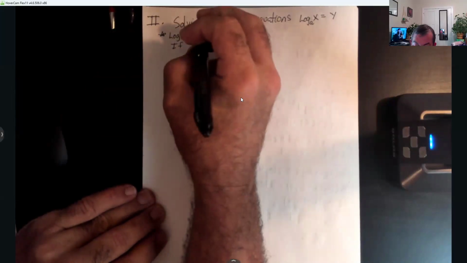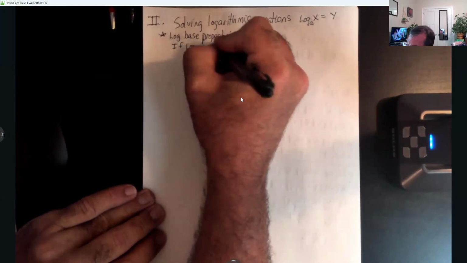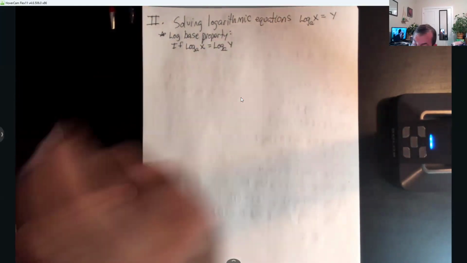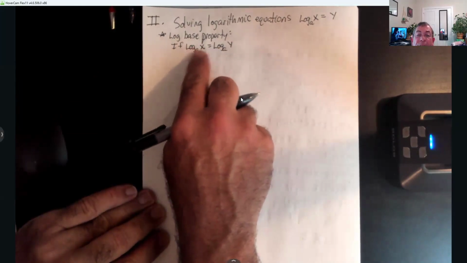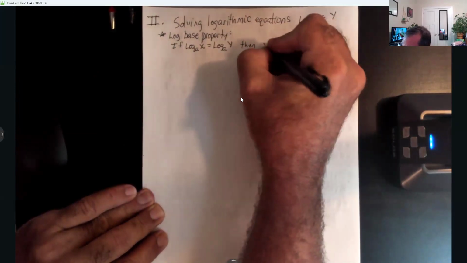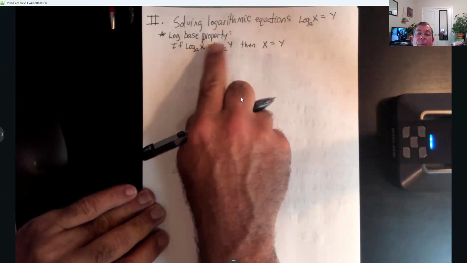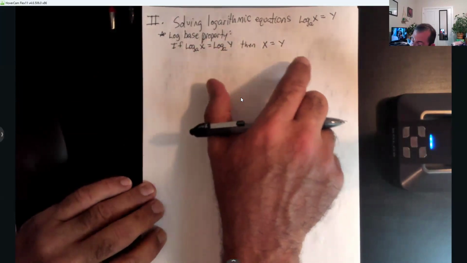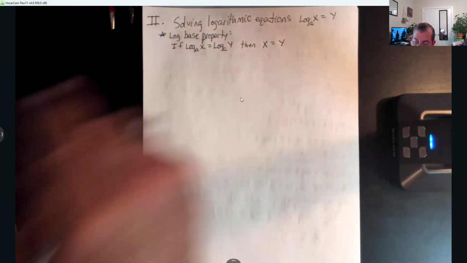It says if log base A of X equals the log base A of Y, so two sides are equal, they both got the same base to the log, then that means X equals Y. That means these results got to be equal if the log bases are equal, okay? So that's going to sort of help us in some spots if we can get to this kind of situation.